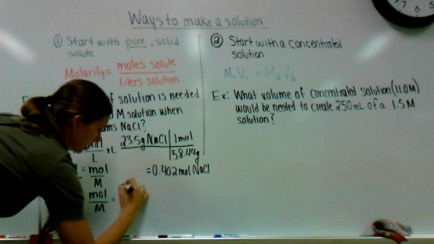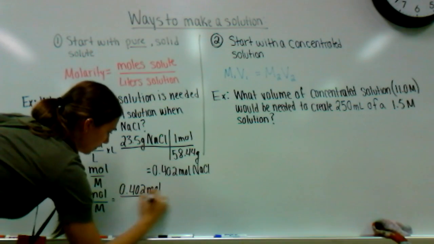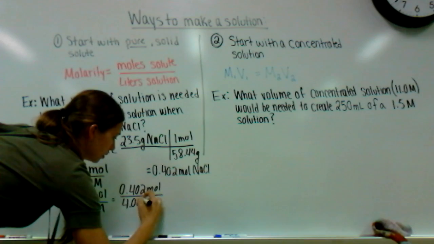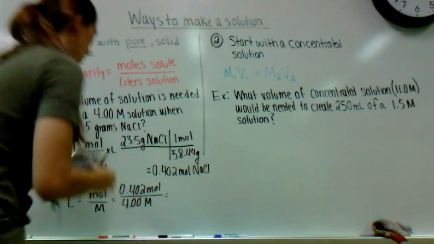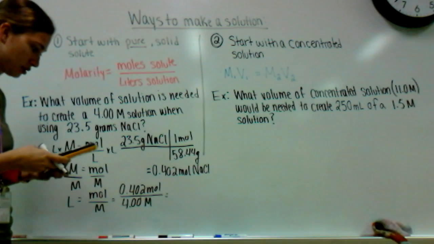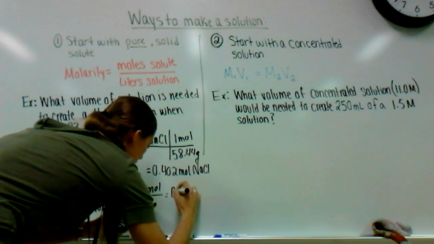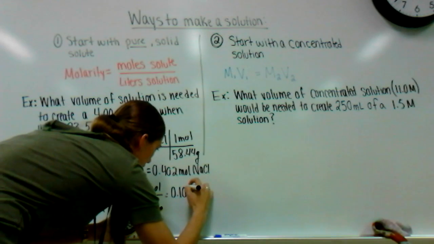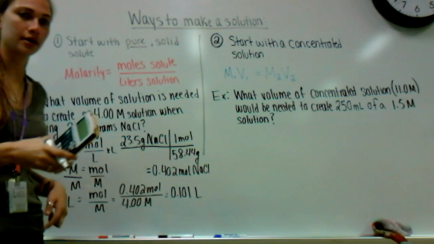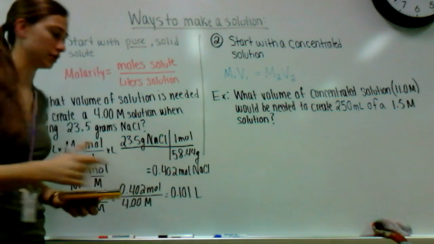We already solved for our moles, divided by our molarity, which was given to us in the problem. So when you divide, the answer you get is 0.10 liters of solution.